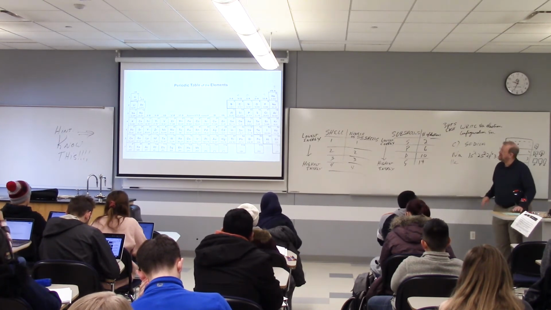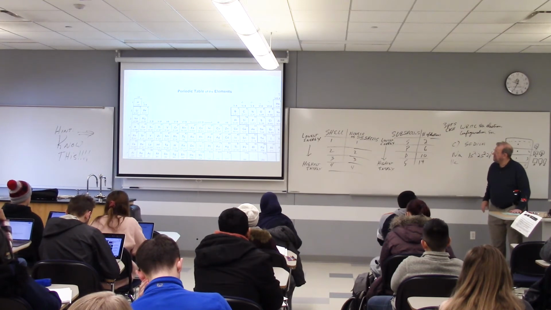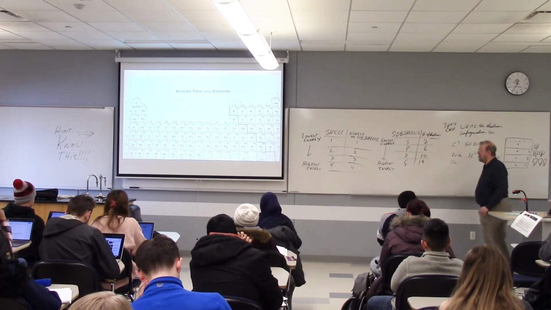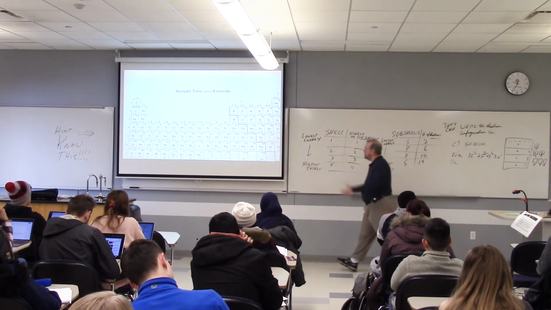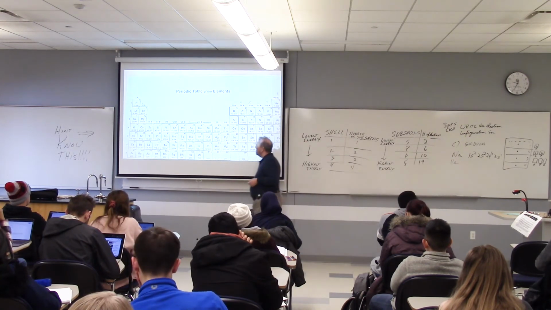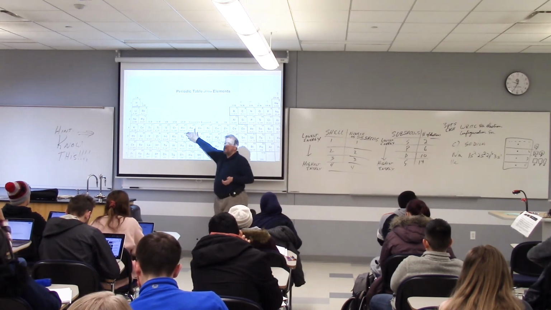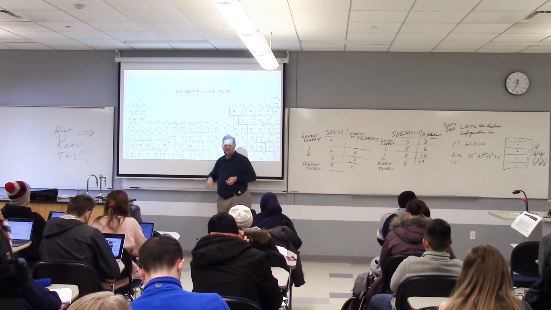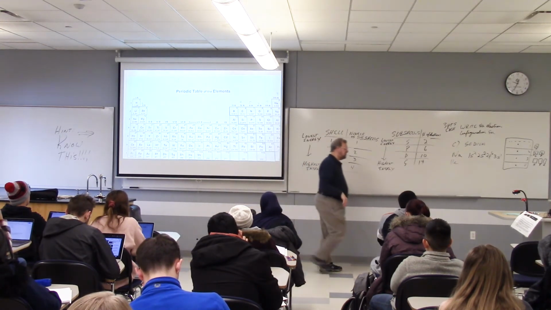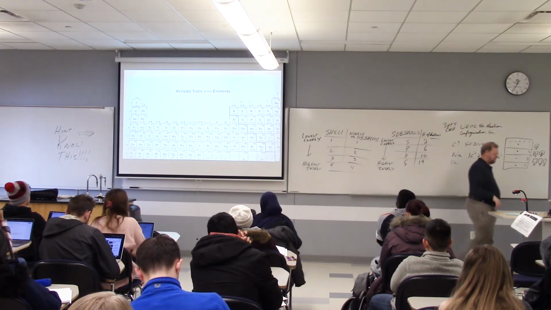Now, here we have the periodic table. Let me bring it down here a little. And if you look at the top of each column, they're numbers. And they're Roman numerals. And the ones you need to know on the test, I guess I didn't do it for the first one, but I will now.